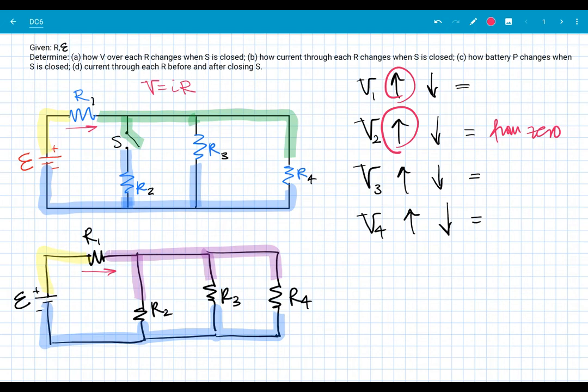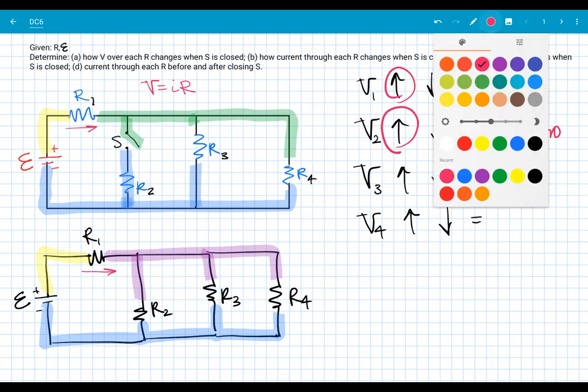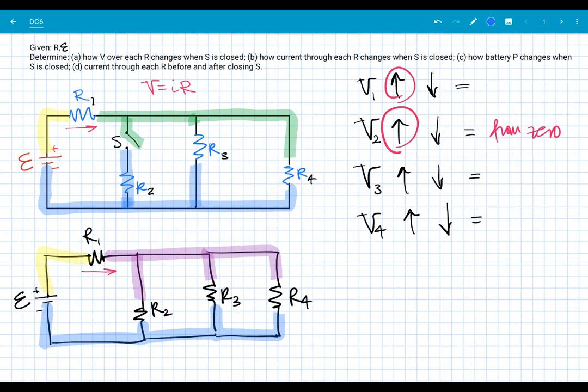If R1 increased, then 3 and 4 must have decreased, because the stairs of R1 plus the stairs of R3 or 4, those are wired in parallel, must be equal to E still, right? If I think about that loop, my loop around here, I know that E minus V1 minus V3, say, must be equal to 0 as I traverse that loop there.